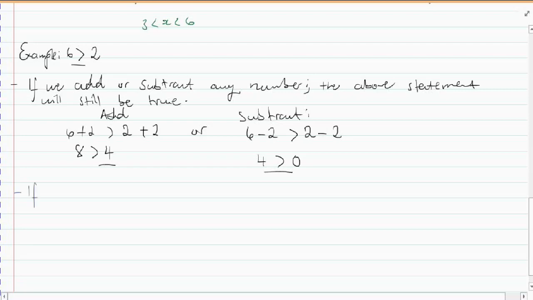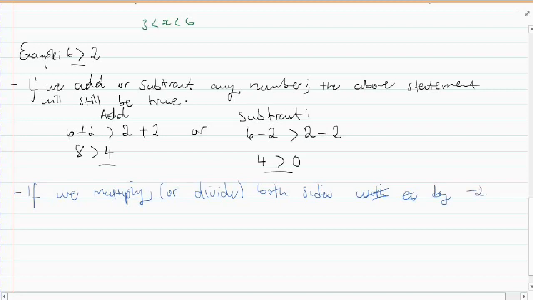Now, what happens if we multiply or divide both sides by a negative number, say negative 2?